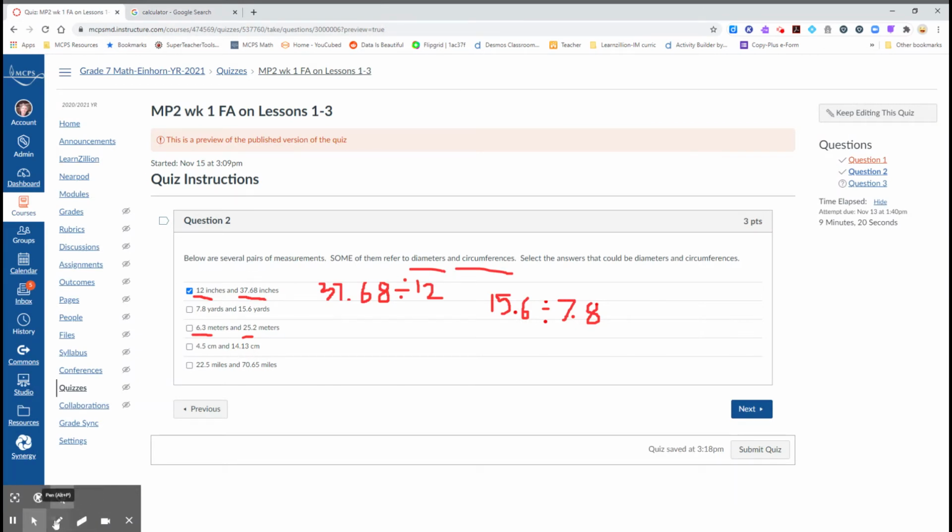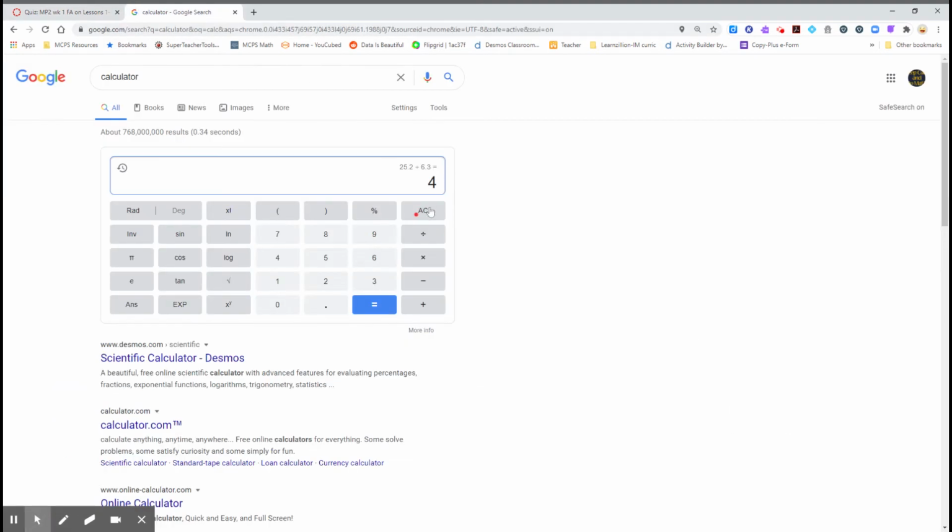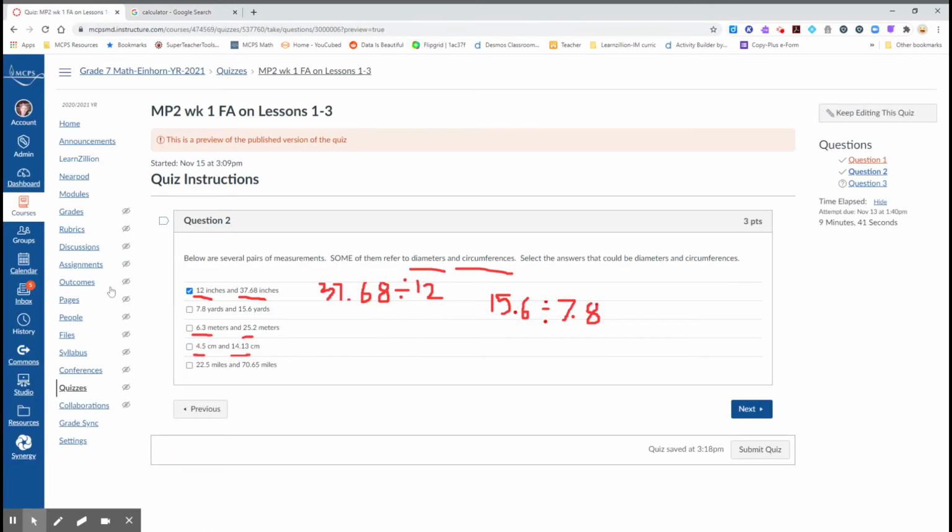How about this one? 14.13 divided by 4.5. That's 3.14. That must be a circle.